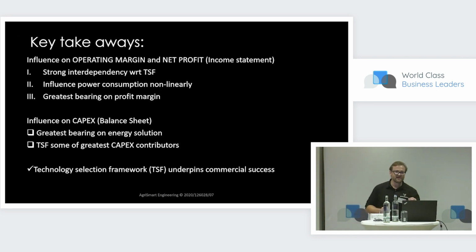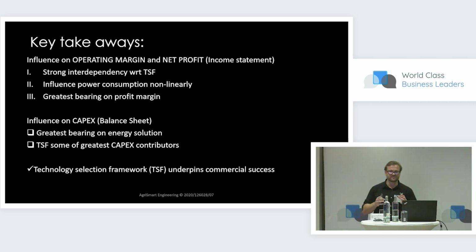And we see that these factors have the greatest bearing on your profit margin. Again, on the capex side, we see that it's got the greatest bearing on your energy solution, whatever solution you decide to facilitate some reduction in your power consumption, which drives your costs. And the technology selection framework has some of the greatest capex contributions.